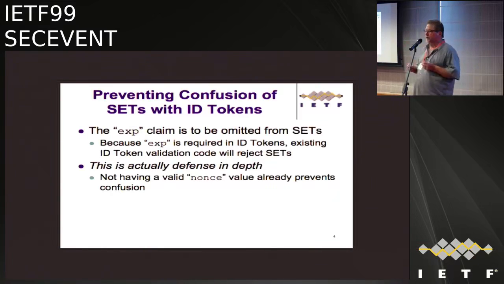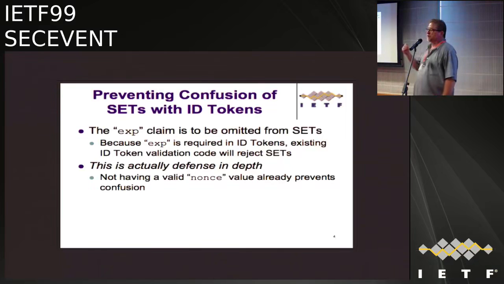The reason this works is it's required in the ID token validation rules to look at the expiration claim. And so if it's not present, any correct ID token processor is going to throw the result away because it's malformed.